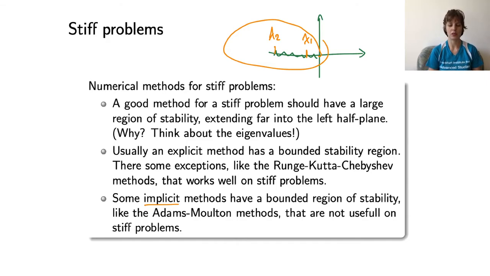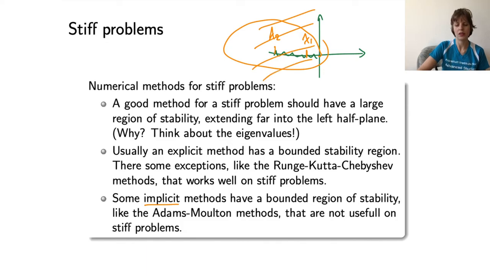So among the methods that we have seen before, a good method would be the trapezoidal one, which has a stability region covering all the negative part of the plane.